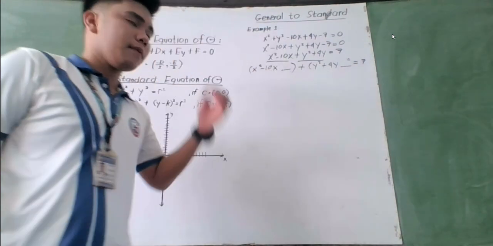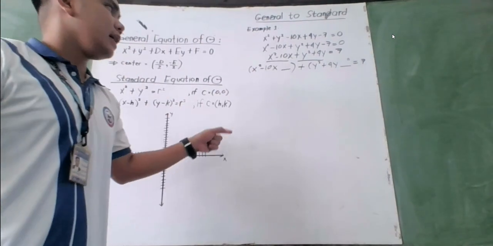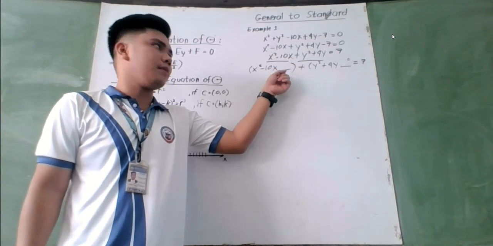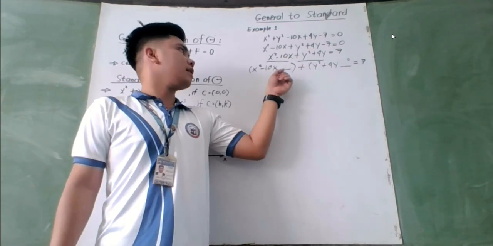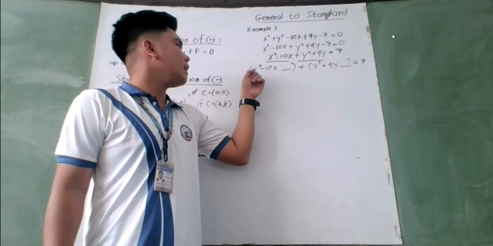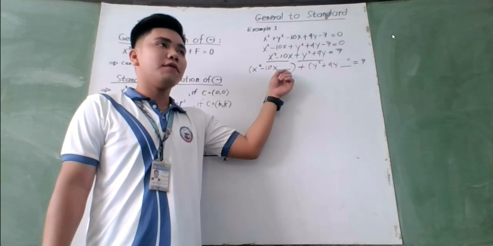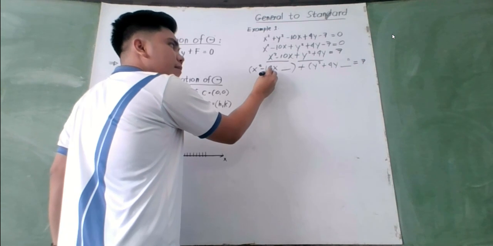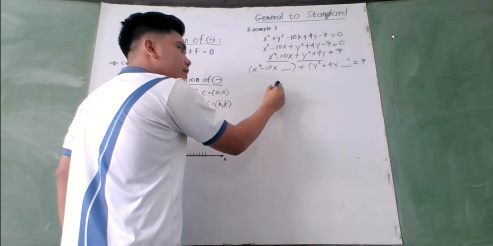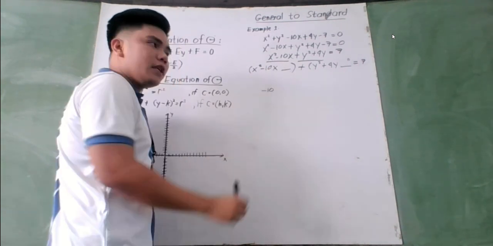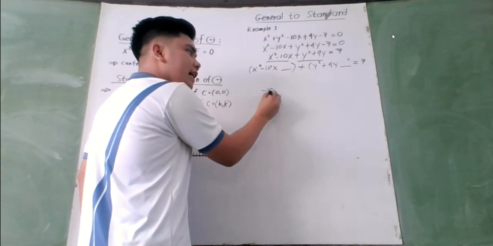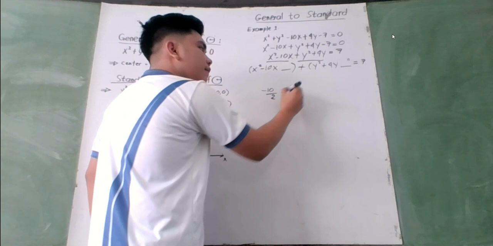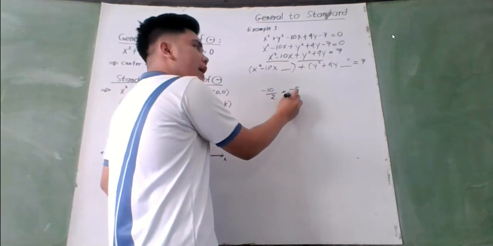Okay, that's it. The next step is to find the third term in this perfect square. You have x squared minus 10x. So you first look at the middle term, which is negative 10. You divide negative 10 by 2, which is equal to negative 5, and square it.